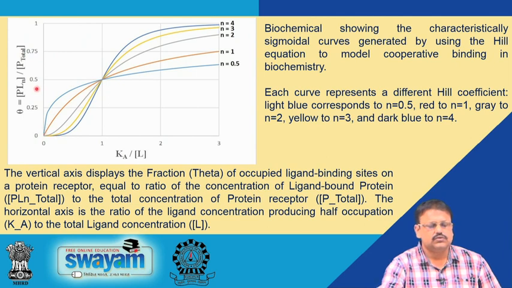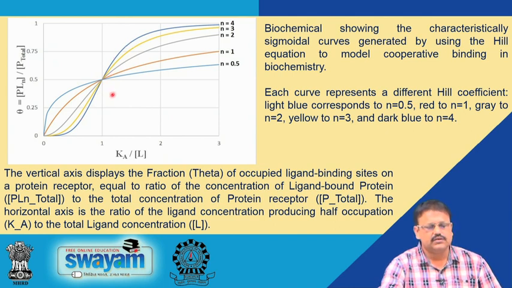The sigmoidal nature means the enzymes are showing cooperativity, and for this nature of curve the proper kinetic parameters can only be calculated from the Hill equation.